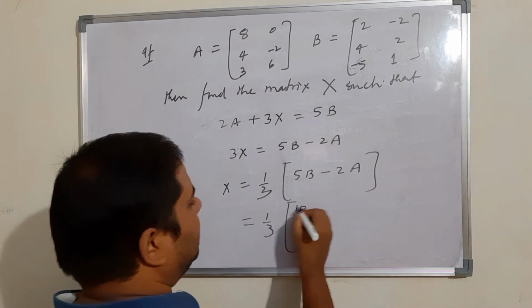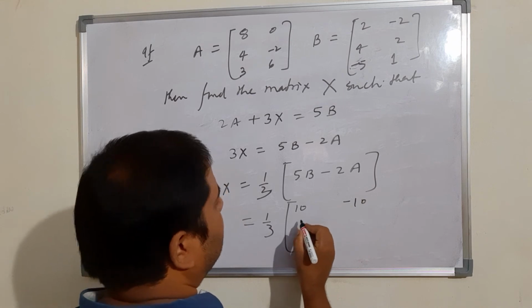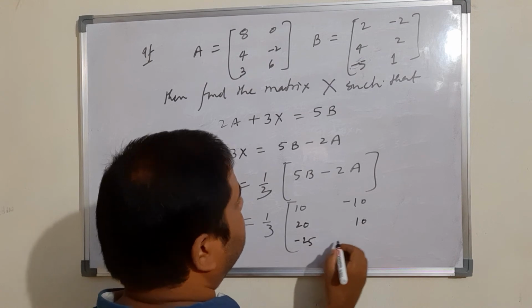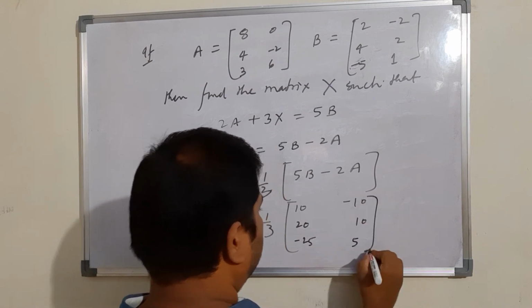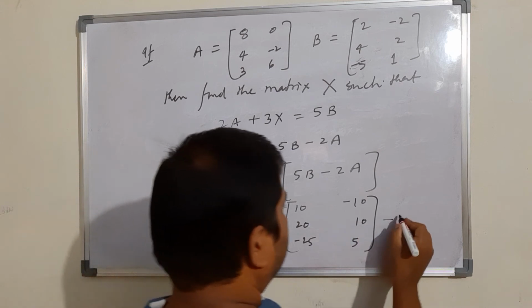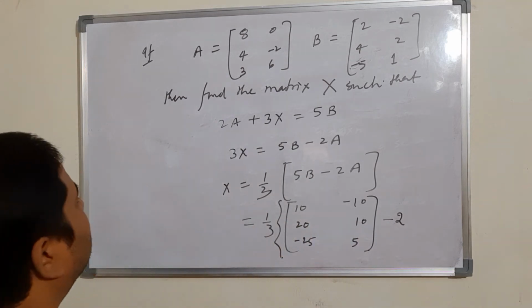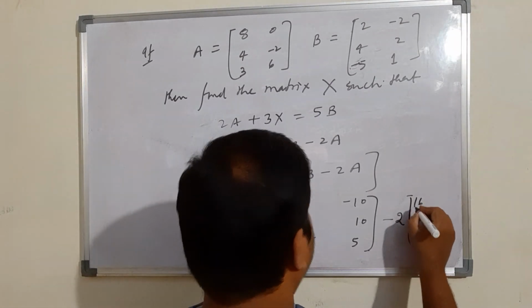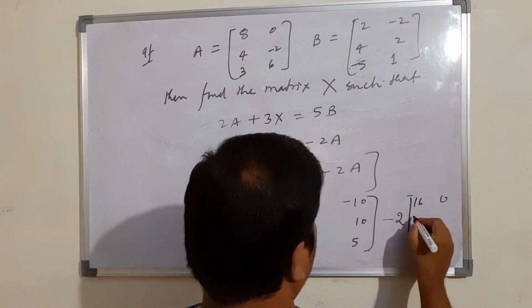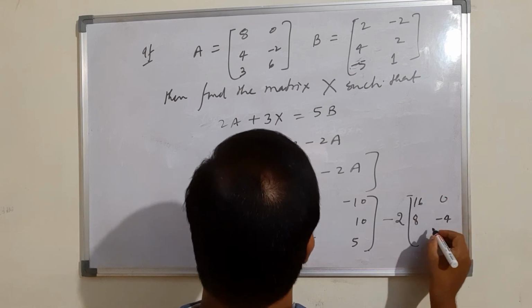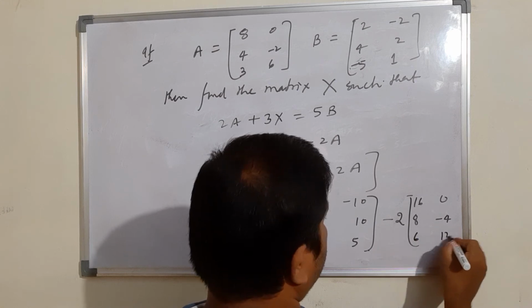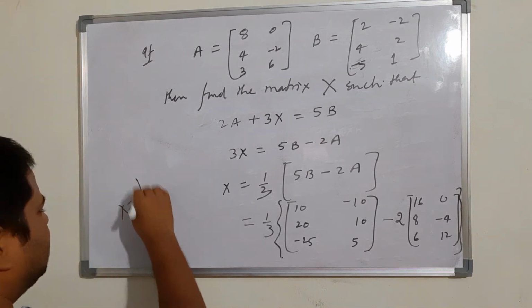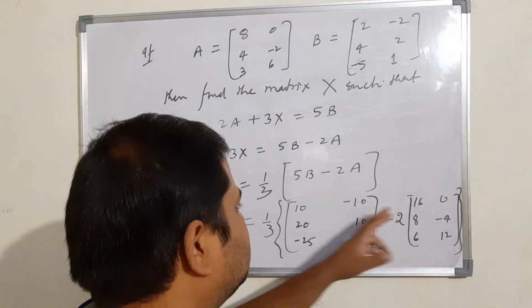We will get 10, minus 10, 20, 10, 25, 5, and minus 2 times A, that means each element of A multiplied by 2, this is 16, 0, 8, minus 4, 6, 12.